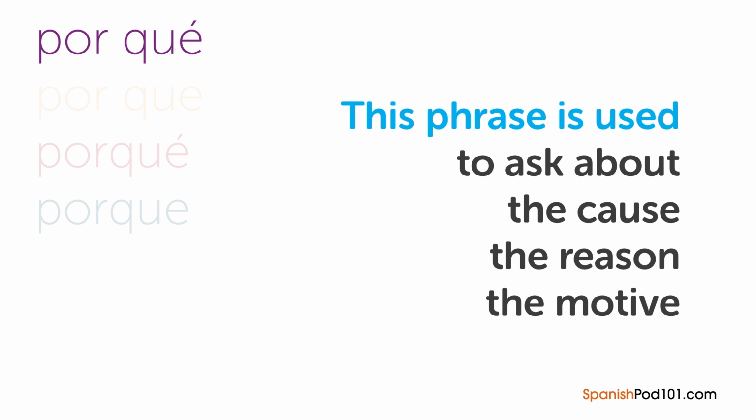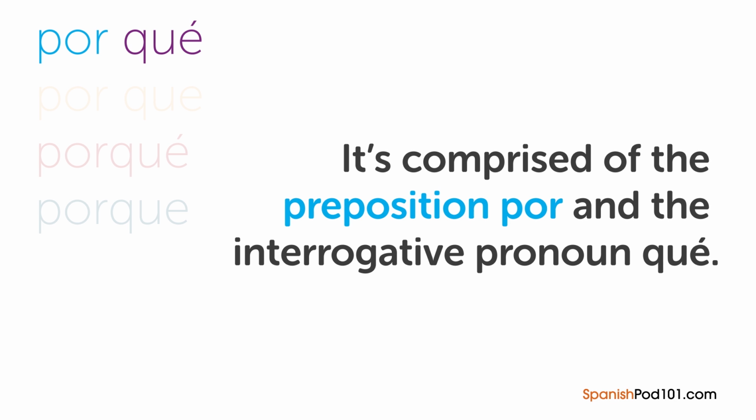Next, let's move on to por qué, separated with an accent over the E. This phrase is used to ask about the cause, the reason, or motive of something. It is comprised of the preposition por and the interrogative pronoun qué.